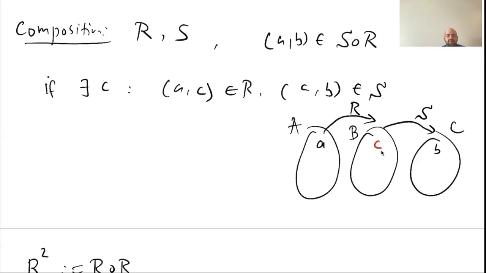If I can find a middle element c where (a, c) is in R and (c, b) is in S, then I can say that (a, b) is in S∘R.